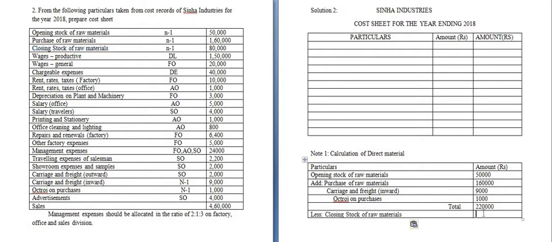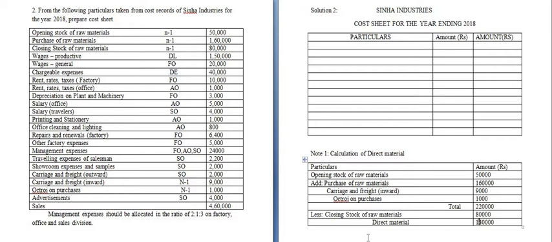Amount is 80,000. Whatever balance we get is called direct material. Now 2,20,000 minus 80,000 is 1,40,000. This is called direct material.